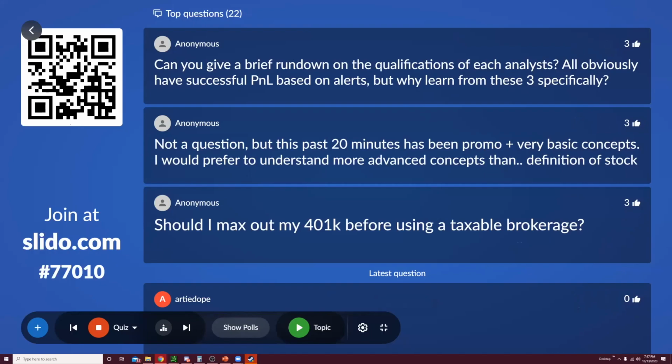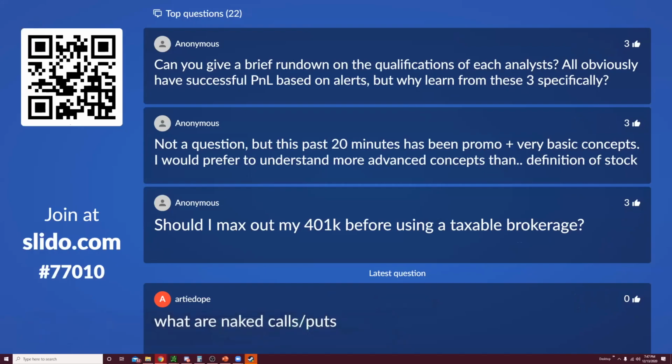Can you give a brief rundown on the qualifications of each analyst? All obviously have successful P&L based on alerts, but why learn from these three specifically? I think the first thing is that a lot of what we are offering is a nurturing type of thing, in the sense that you see what we're doing and then you want to learn from it, and we're pretty open to doing so.